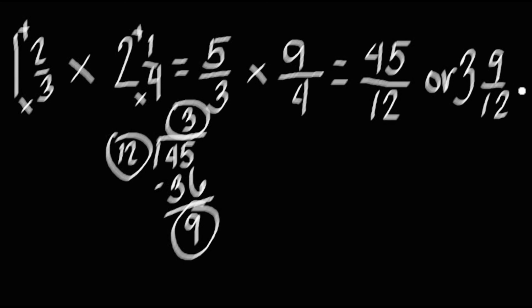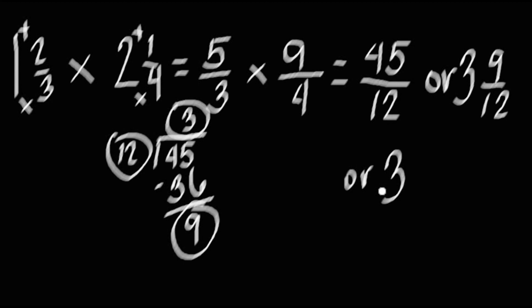So we can still simplify 9 over 12. How do we simplify 9 over 12? We will just copy the whole number. It's just the fraction that we simplify. What is that number that we can use to divide both our numerator and our denominator?